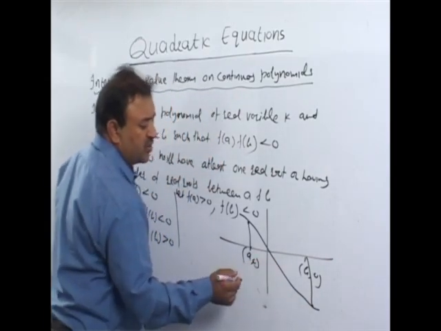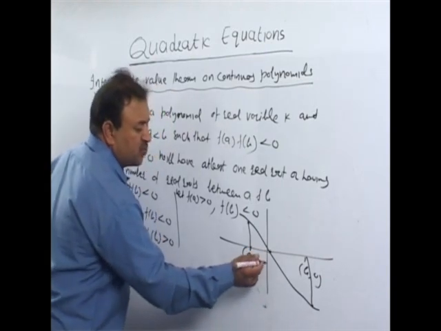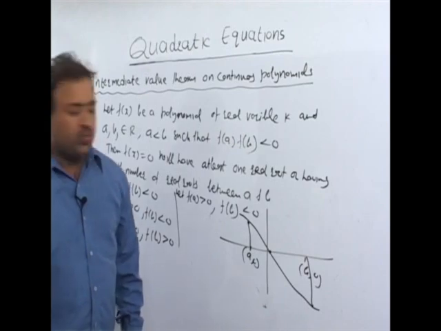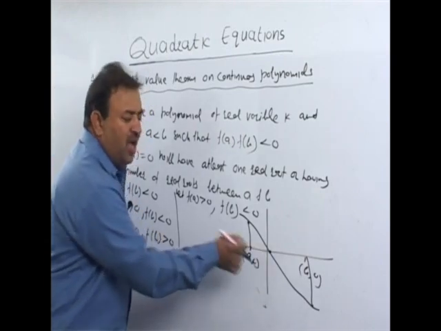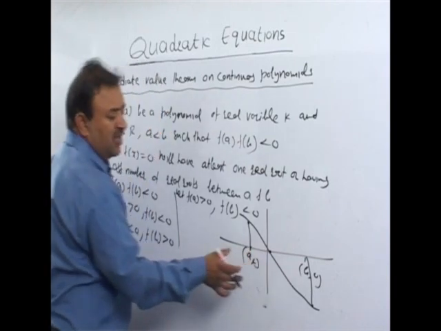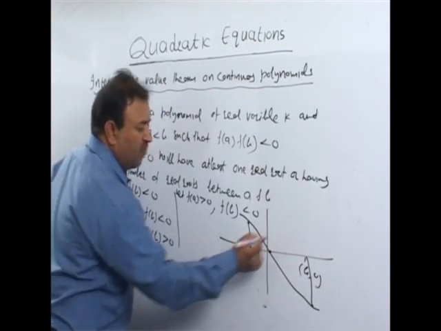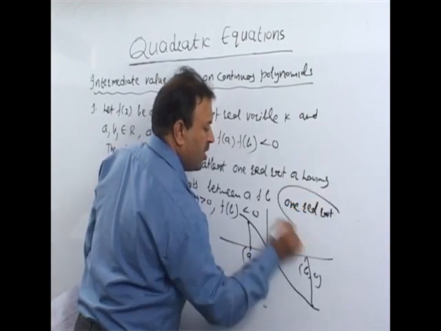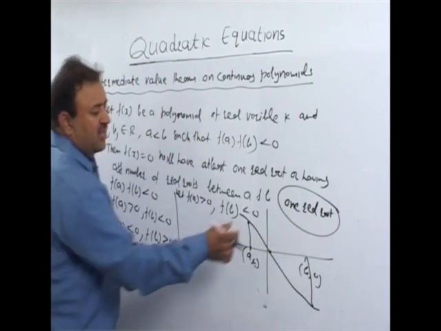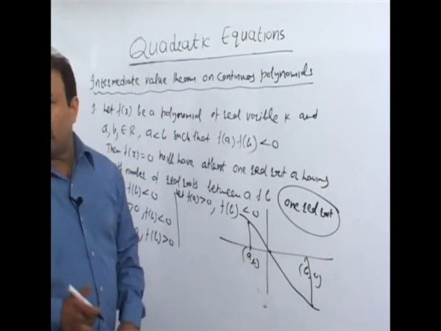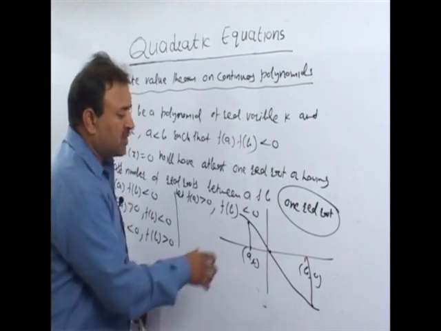It clearly shows it has one real root, or we can say it will meet the x-axis at least once. This polynomial clearly shows we have one real root, as the curve meets the x-axis at only one point. So this is one possibility.